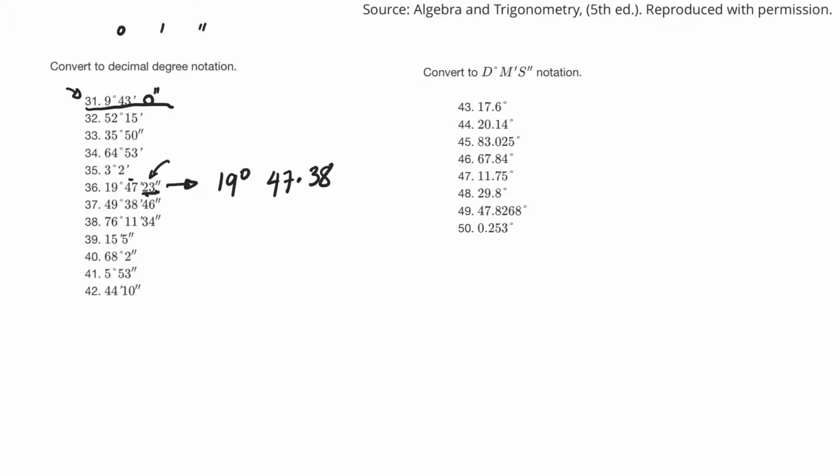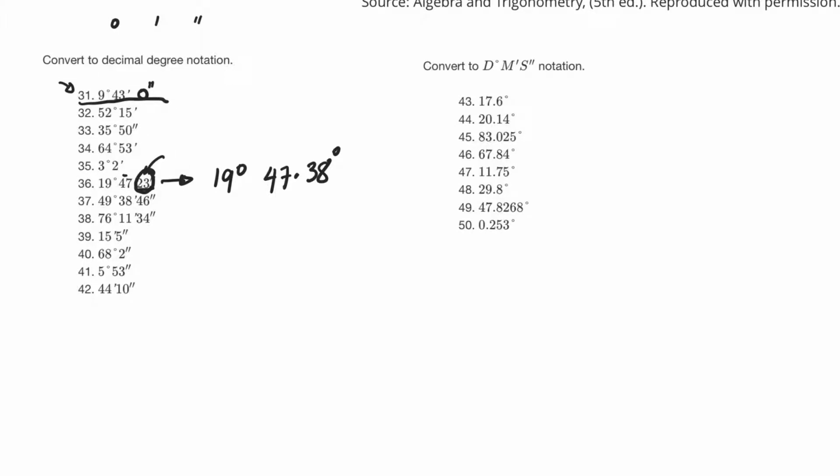Okay, so I convert this one into minutes, just divided by 60. Then I'll do the same thing. There's 60 minutes in a degree, and so I'm going to take this whole thing and divide it by 60.